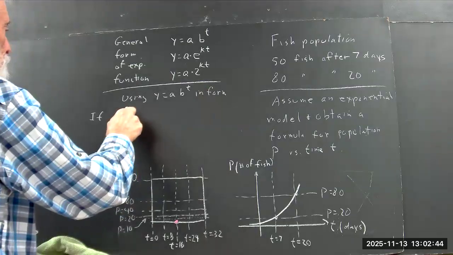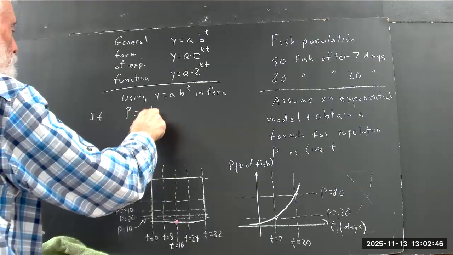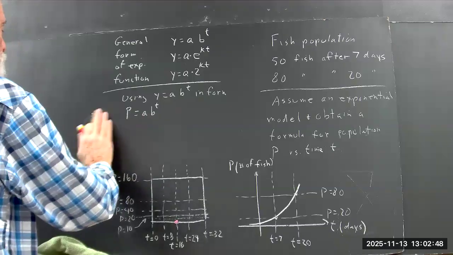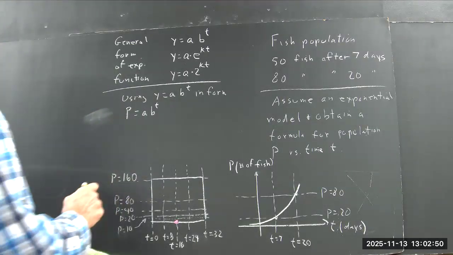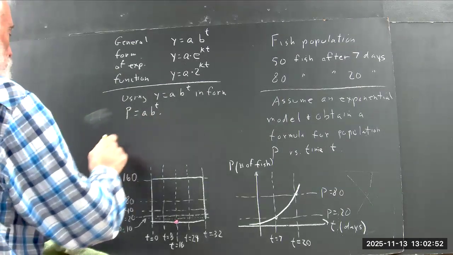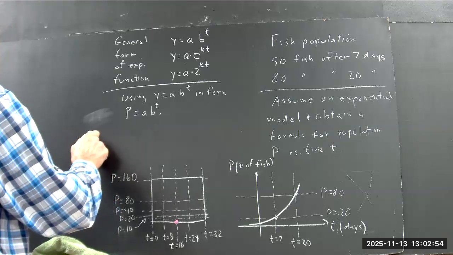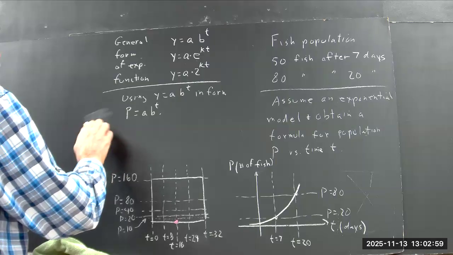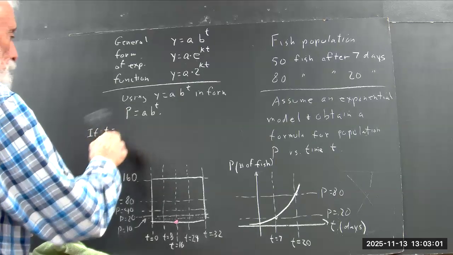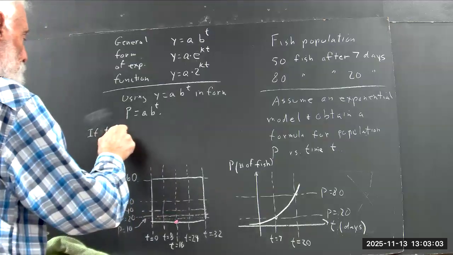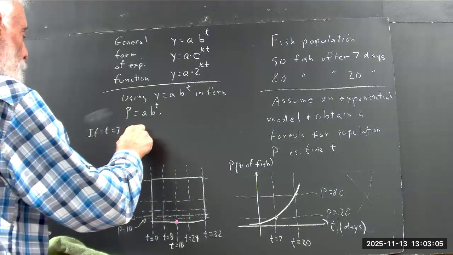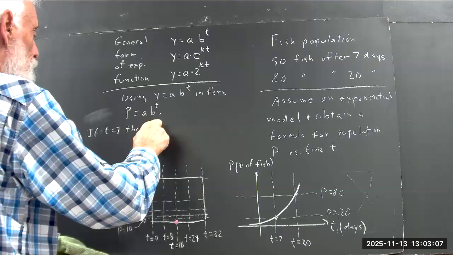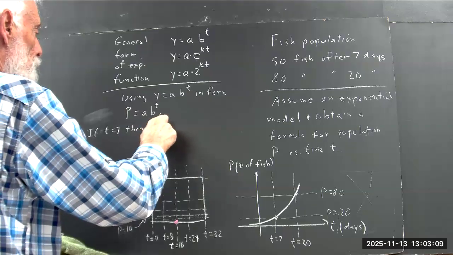The form is going to be P equals AB to the T. Now, if T equals 7, then P equals 50.